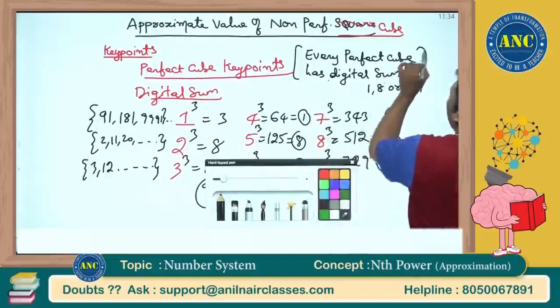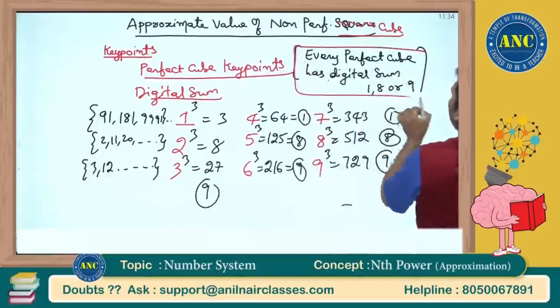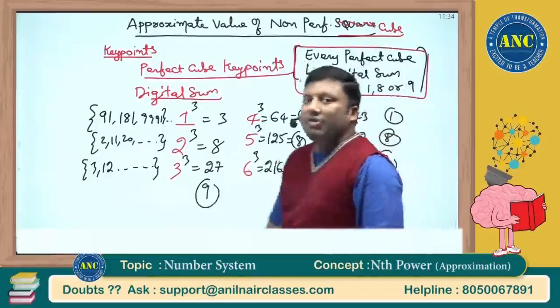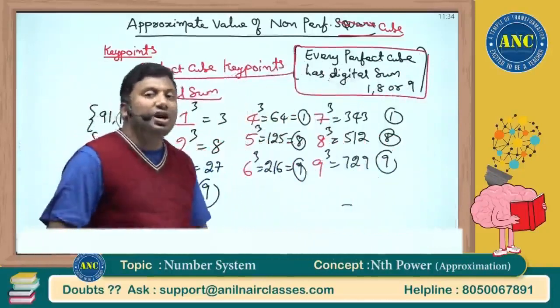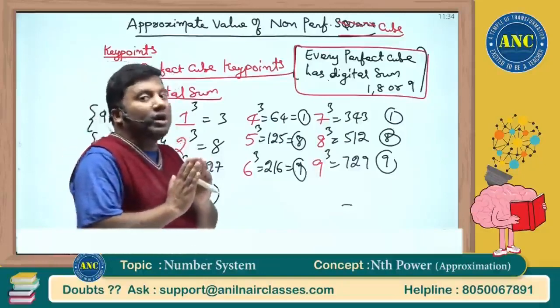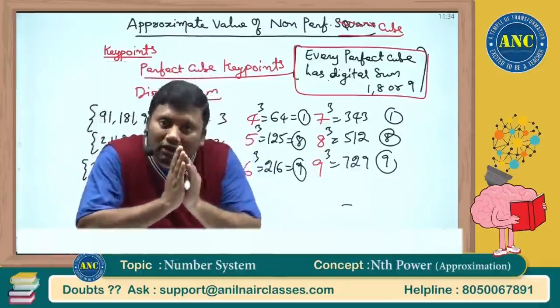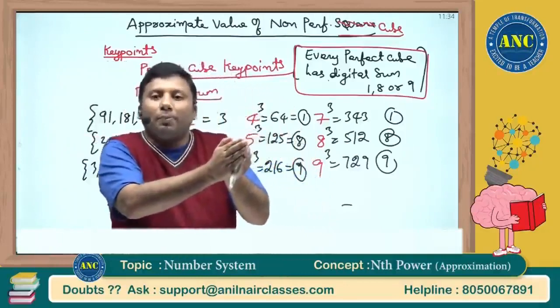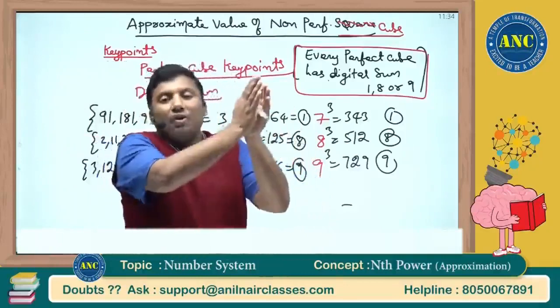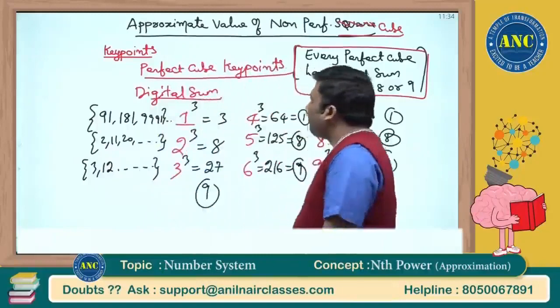If a number is a perfect cube, then the digital sum of that number will always be 1, 8 or 9. Very, very important concept, so that you will understand how, when the approximate value of a non-perfect cube you have to find, and when the direct answer you will get.